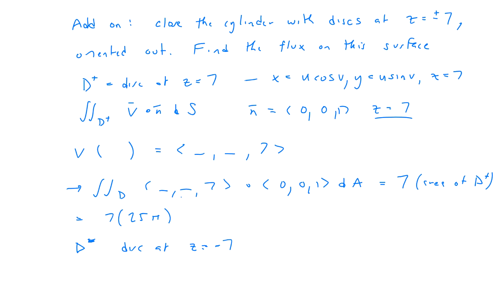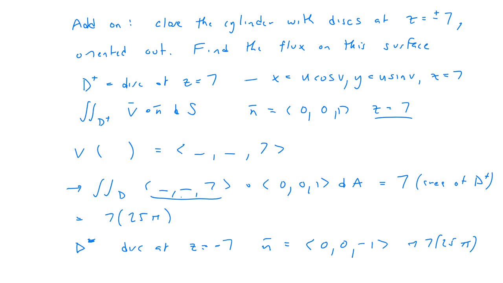And now our n is 0, 0, -1. And so you can see, well, we'd be getting the same thing. We'd have here, this would change to 0, whatever, -7, and dotted with 0, 0, -1. So it'll still be 7 times the area of the disk. And so this would, again, give us the 7 times 25 pi.